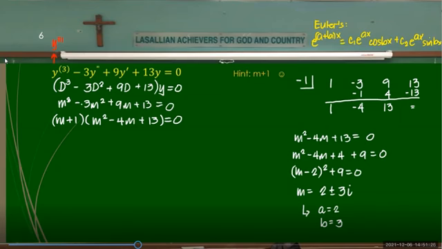So that means, what are the three roots? The roots are negative 1, 2, plus and minus 3i.